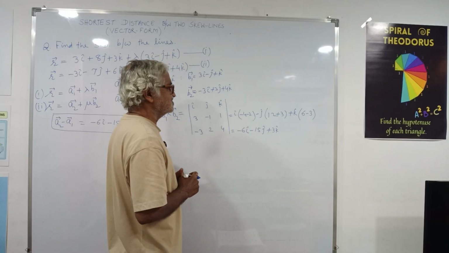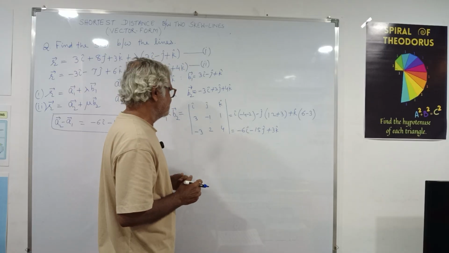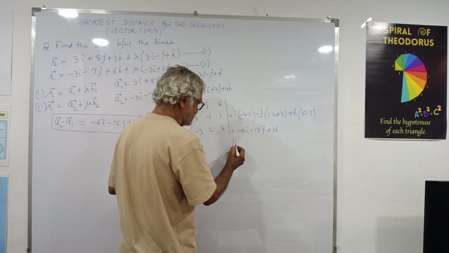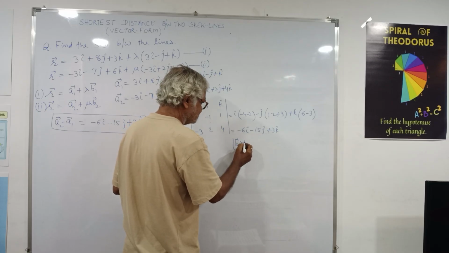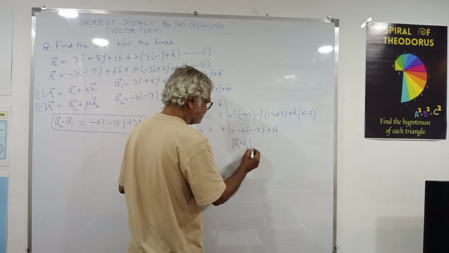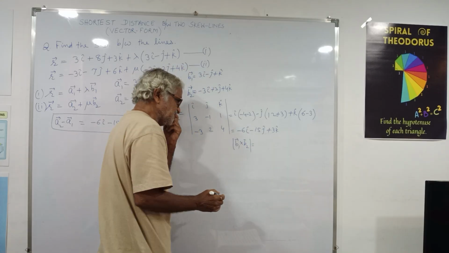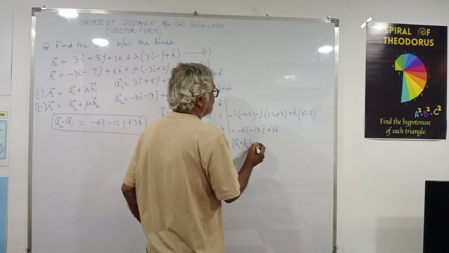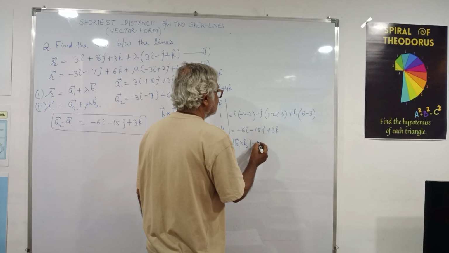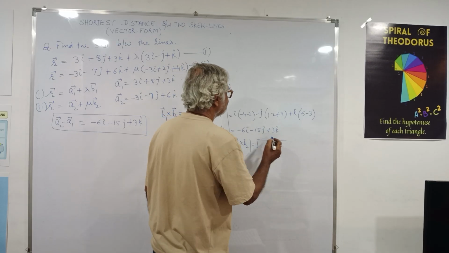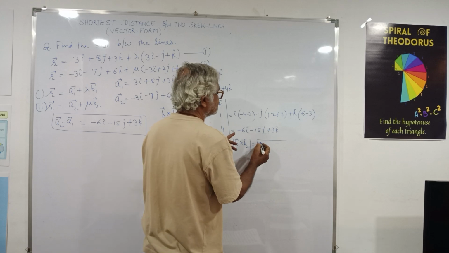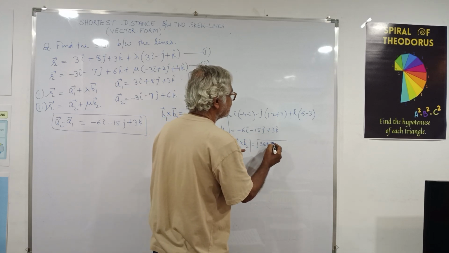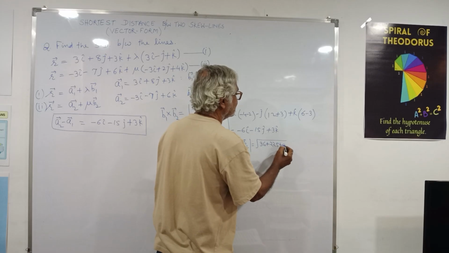In the formula of shortest distance, we need mod of b1 cross b2. So in the meantime, find the mod of b1 cross b2. Mod of b1 cross b2 is under root minus 6 square 36, 15 square is 225, plus 9.